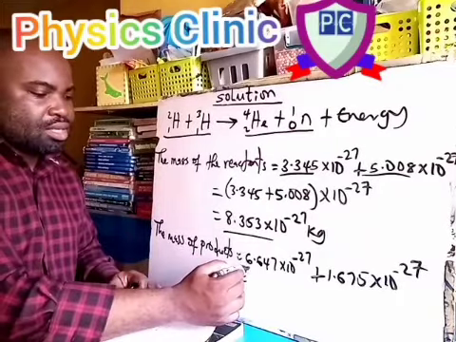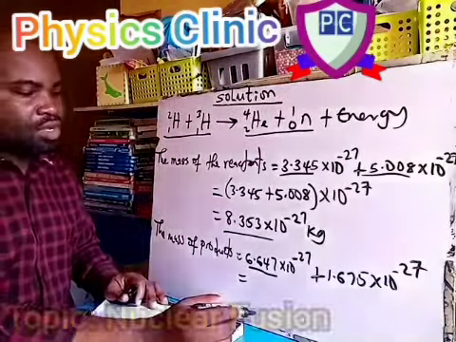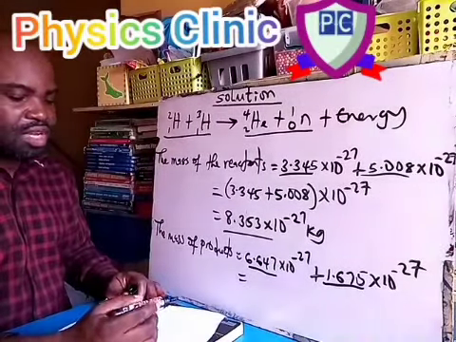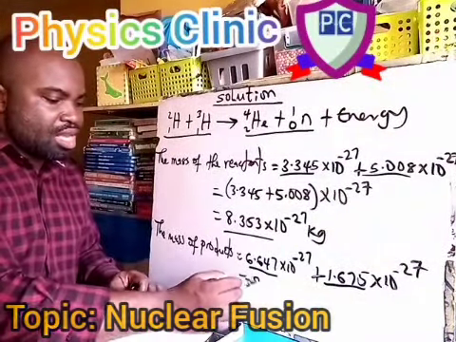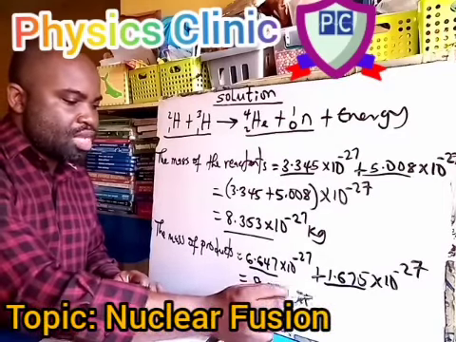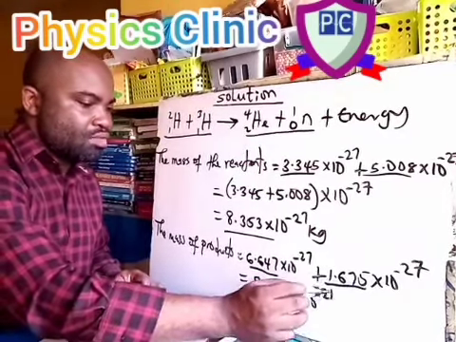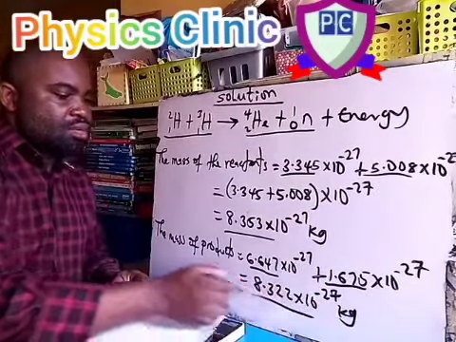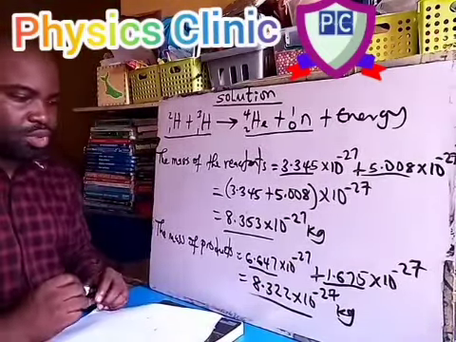So when you add 6.647 and 1.675, we are going to have 8.322 times 10 raised to the power minus 27 kilograms. So this is the mass of the products.